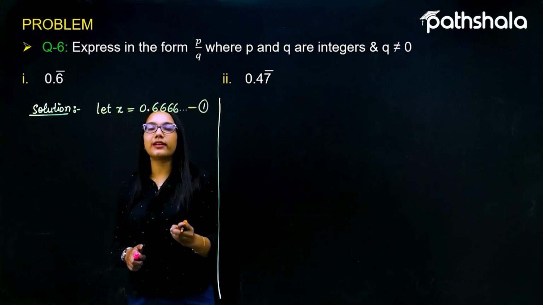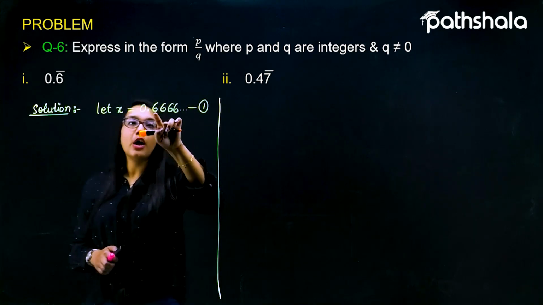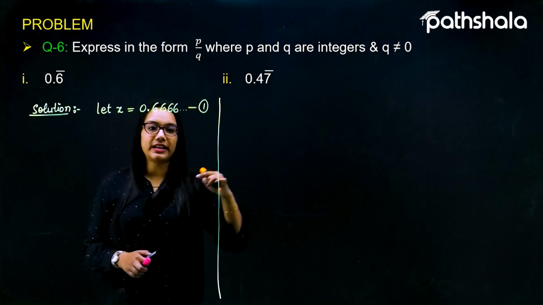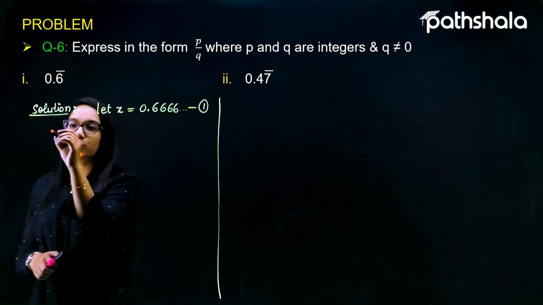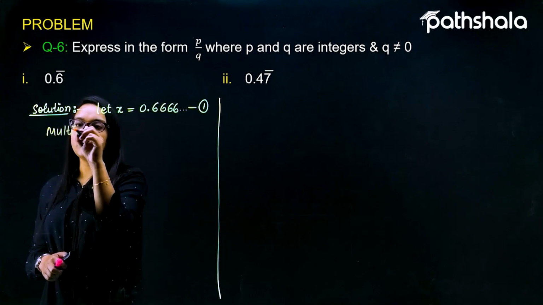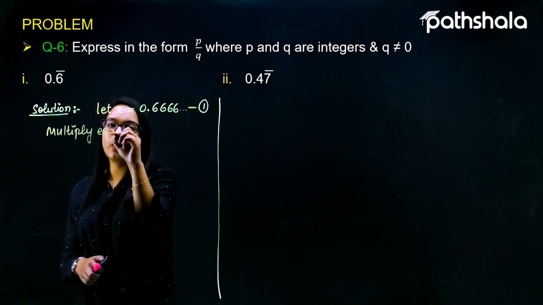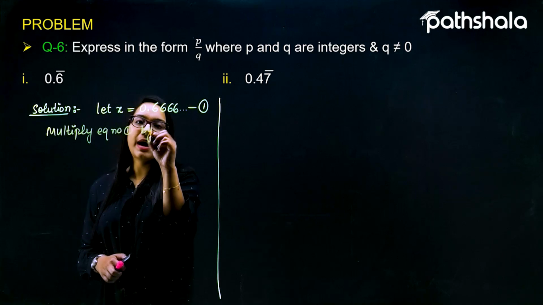As there is only one digit repeating after the decimal point, we will multiply equation number 1 by 10.